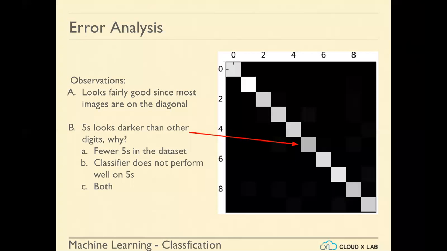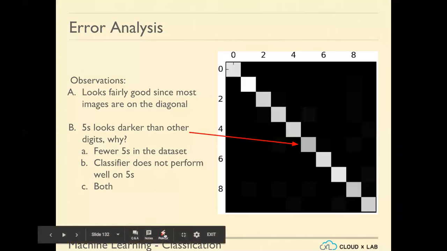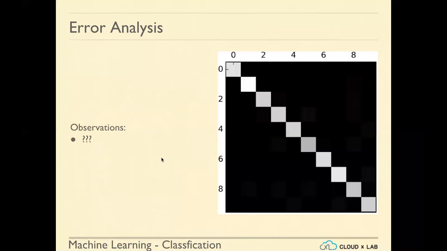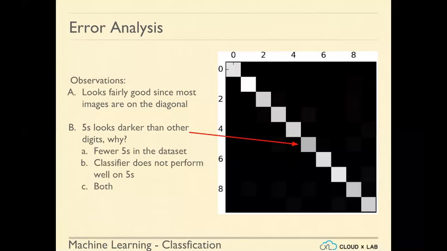So let me again read your question. Darker means closer to 0. 0 is what? This is our matrix, the confusion matrix we're talking about. All right.